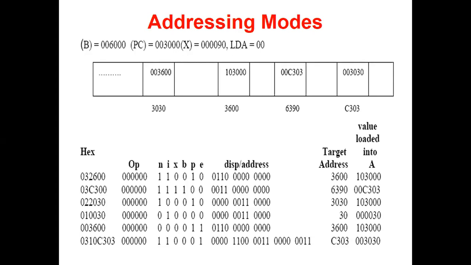Now, when you look at the displacement, these are 12 bits. 0110 is a 6, then 00. So the displacement is 600. So we take 3,000 plus 600, and that gives us 3600. Is that okay?